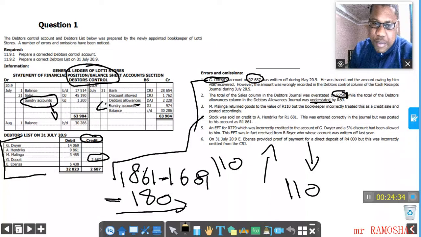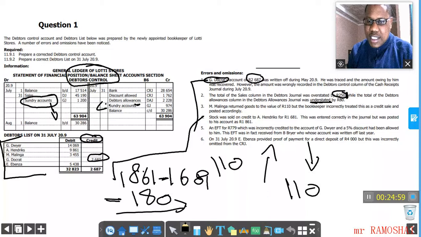Which is number 5, an EFT for 779 which was incorrectly credited to the account of G. Dwyer, and a 5% discount had been allowed to him. This EFT was in fact received from the buyer whose account was written off last year.